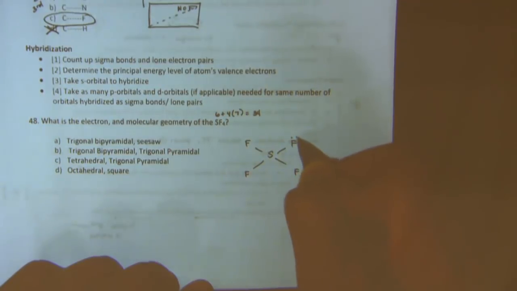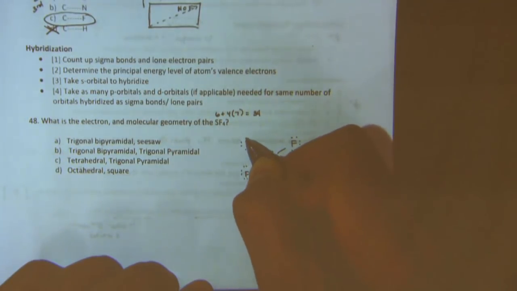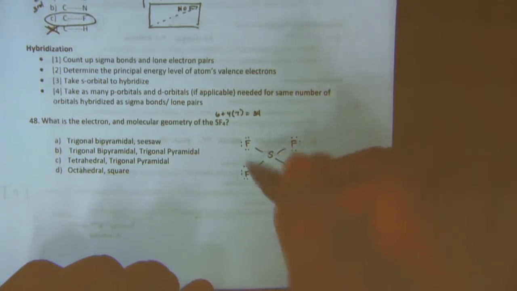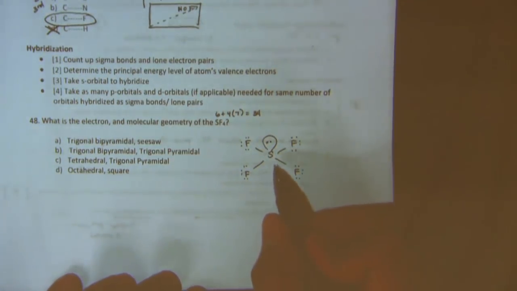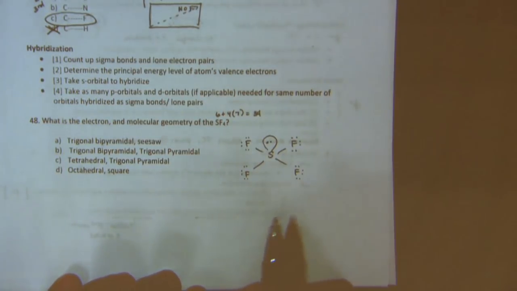We're going to flank it by fluorines, draw single bonds, and then fill the octets of the outer atoms. We would have 2 electrons left over because we only have 32 in this particular diagram, so we're going to add them to the center. And you might be saying, you can't have an expanded octet, but sulfur is in the 3rd row, and so it can take advantage of that accessible d orbital and fill that up.